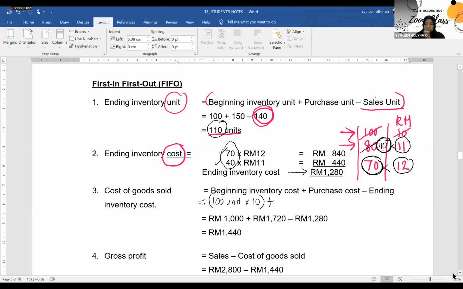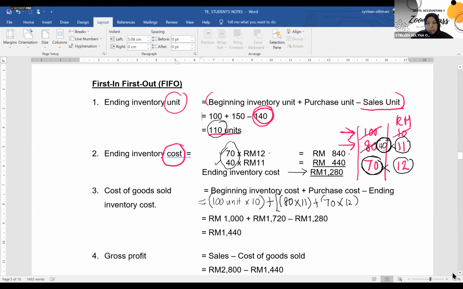Your purchase cost is 80 units times RM11, plus 70 units times RM12.